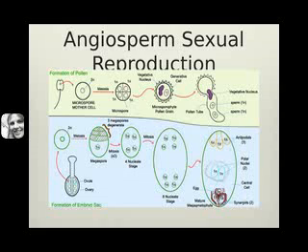So let's talk about the function of each of these nuclei in the mature megagametophyte, or the female gametophyte, of the angiosperm. So the antipodals, for a long time, were believed to be non-functional or vestigial. So they lost their function somewhere along the evolutionary chain.